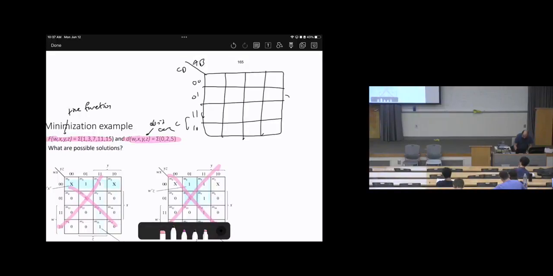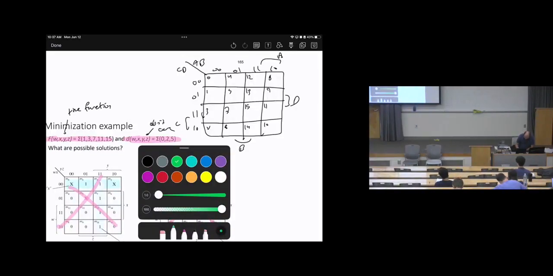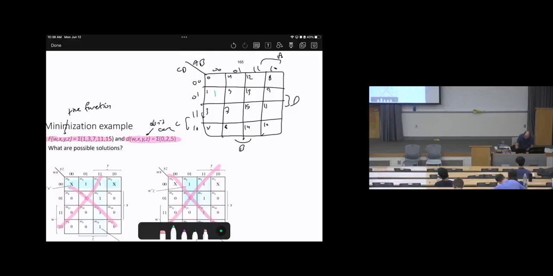Here is C, here is D, here is A, here is B. Then 0, 1, 2, 3, 4, 5, 6, 7, 8, 9, 10, 11, 12, 13, 14, and 15. So let's put the location of the ones first. The ones are at 1, 3, 7, 11, and 15.